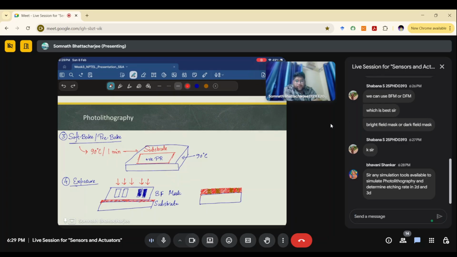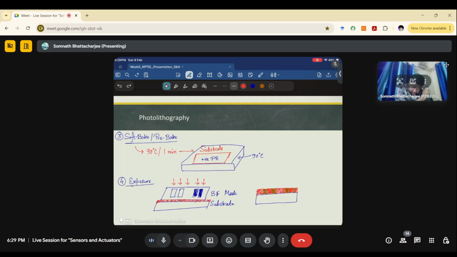If your etching is not up to the mark, you need to change your techniques a bit. So it comes with multiple trials, and I'm not entirely sure about a simulation tool. So it looks something like this, and these parts will dissolve very easily, and these structures will stay.